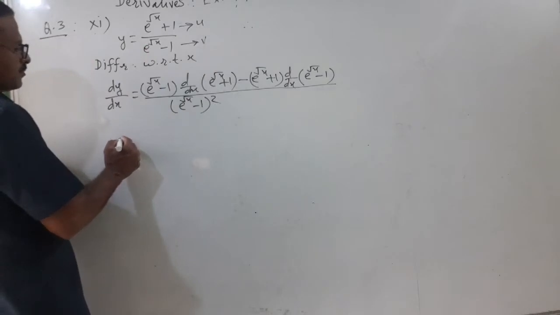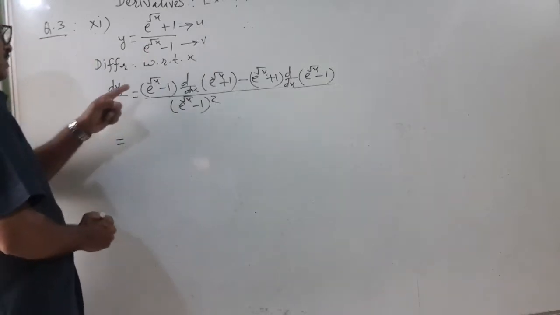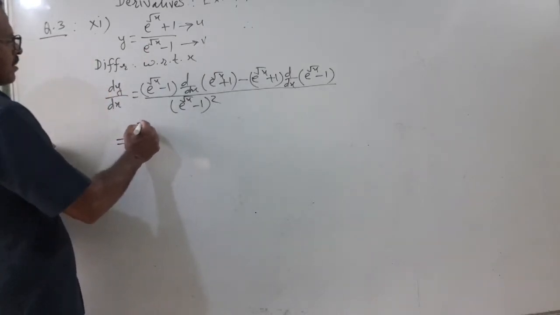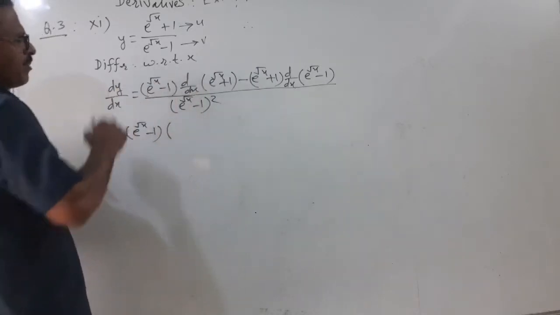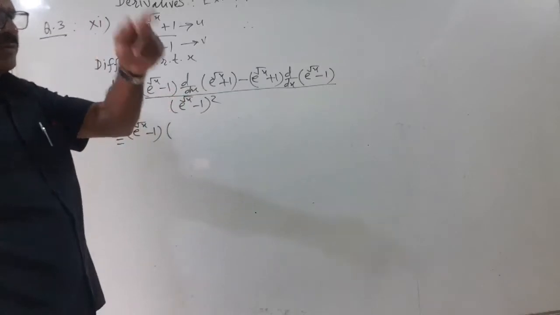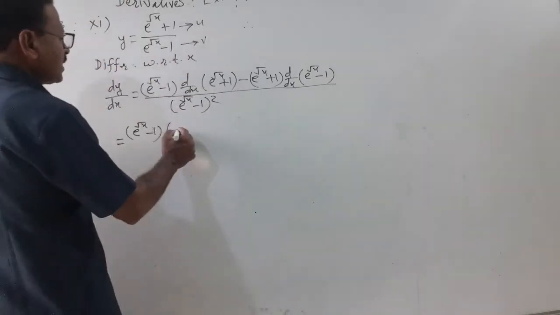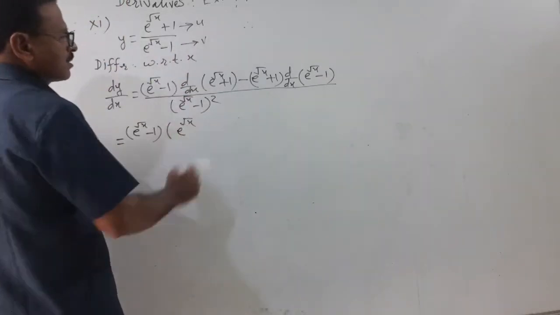That is equal to (e^√x − 1) into the derivative of e raised to is e raised to, what is that, e^√x.